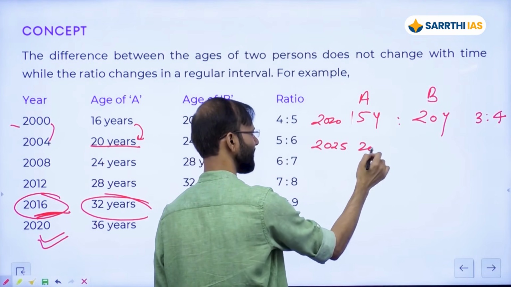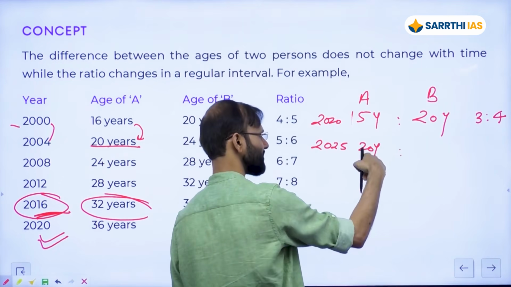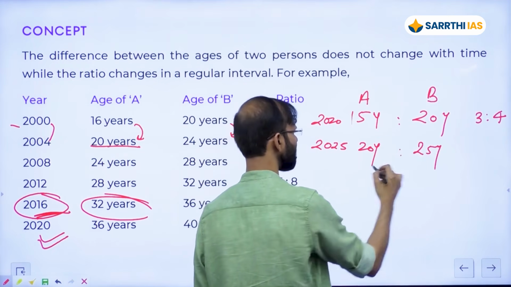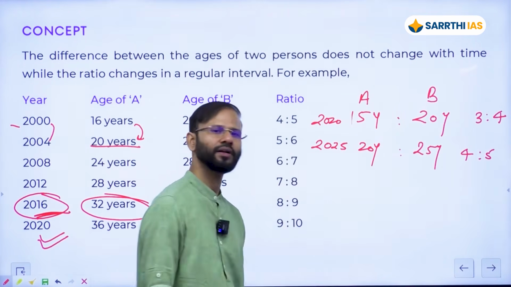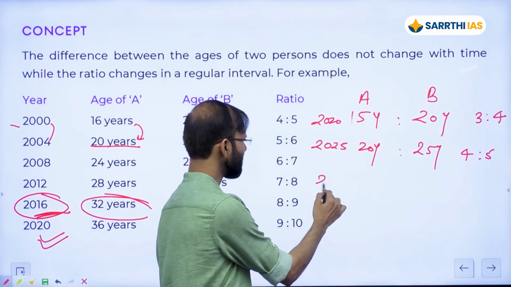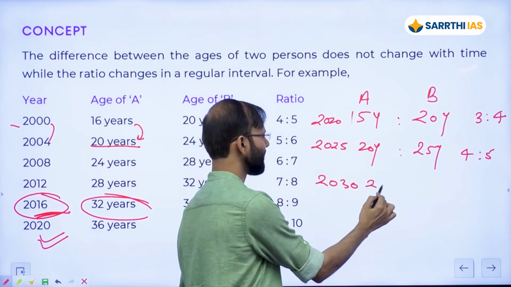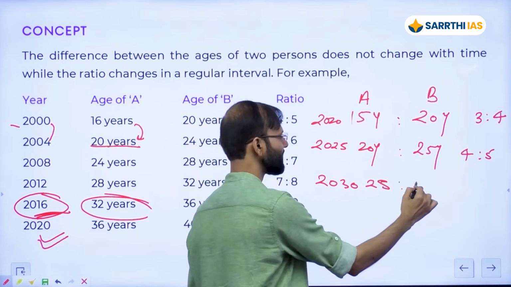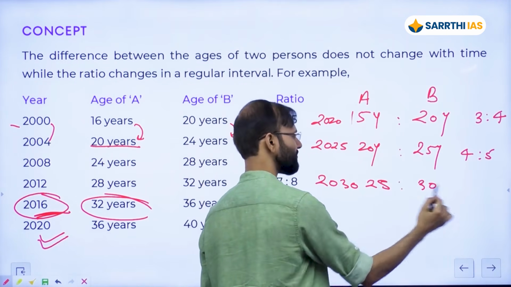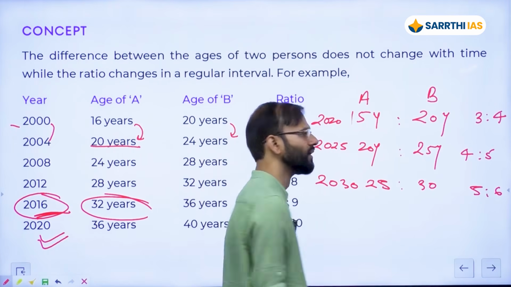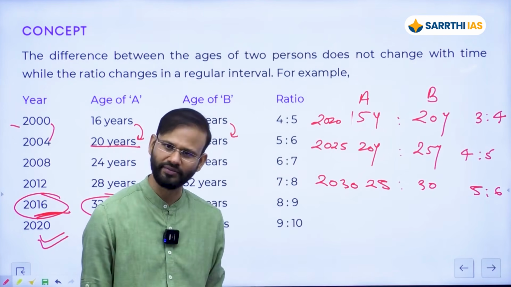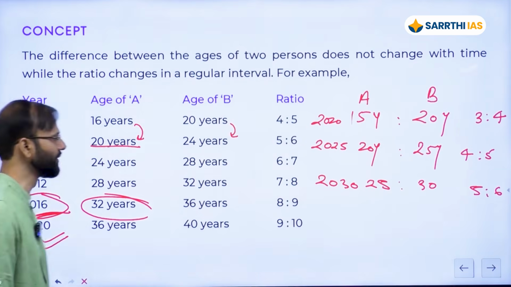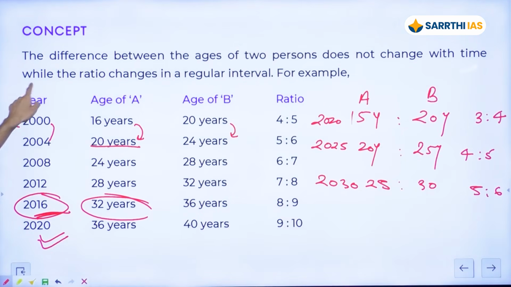This will be 20 years and he will be 25 years. Correct? Now the ratio is 4:5. Correct? So in the next 5 years, let's say I'm talking about 2030, he is 25 and he is 30, right? So the ratio is 5:6. Correct? So in this case, the interval size is 5 years. Correct, everyone? Right? Okay. So that's what is written here.